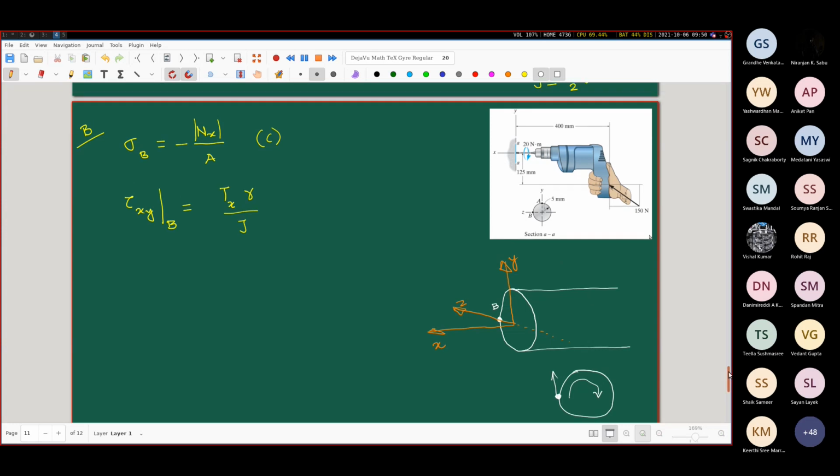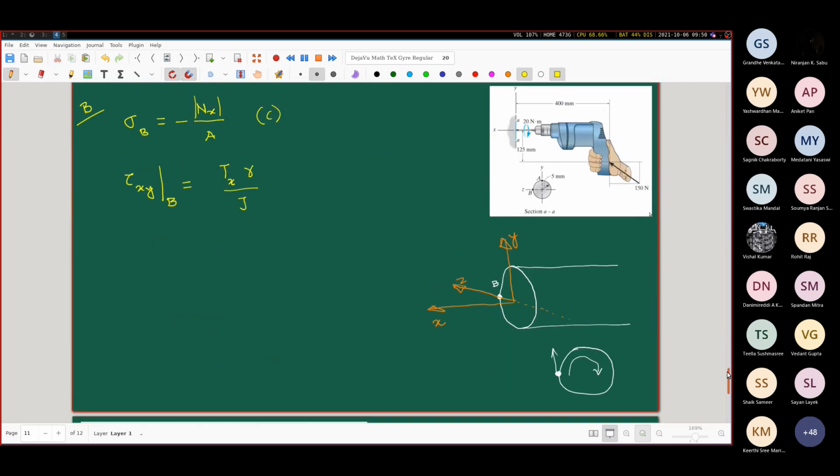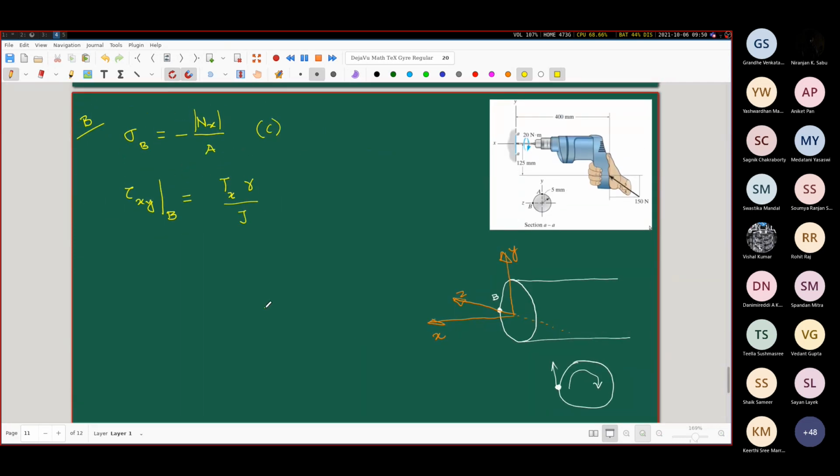You are right. It should be along the negative Z, because it is the same sense, no? Okay.